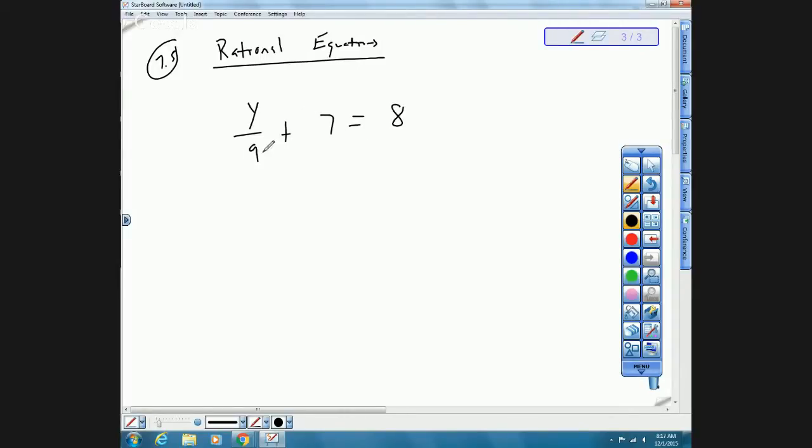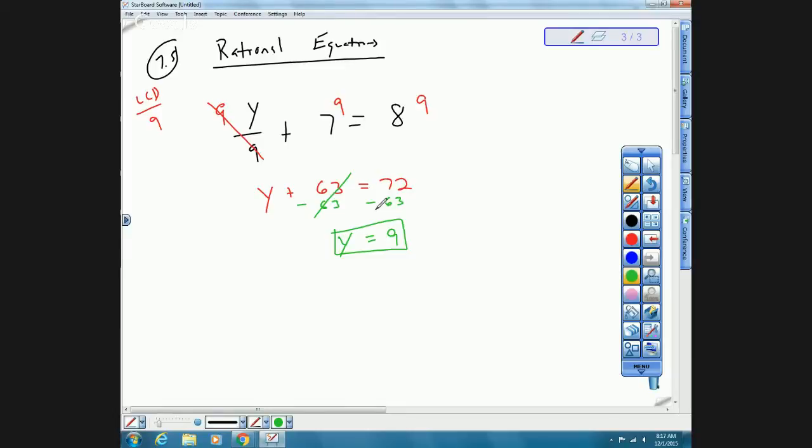When you have a problem with a fraction in it, we don't like dealing with fractions, so you can multiply by the LCD and get rid of the fraction. One fraction here, so multiply everything by 9, and it'll make the fraction go away. So those cancel out. You get y plus 63 equals 72. And subtract 63 from both sides, and y is 9.